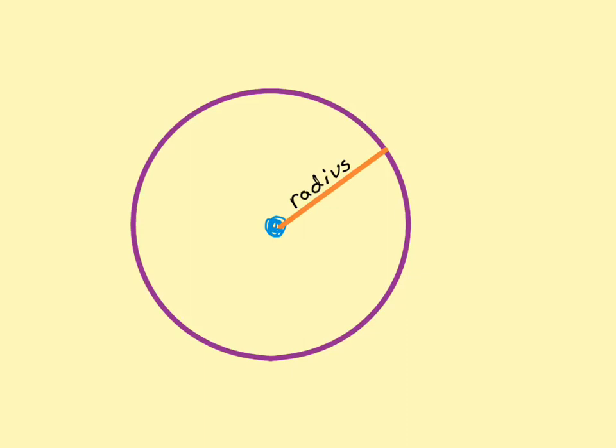Now, if I have a line segment that goes from one piece of the circle to another piece of the circle through the center, that is called the diameter. And the length of that line segment is also called the diameter.